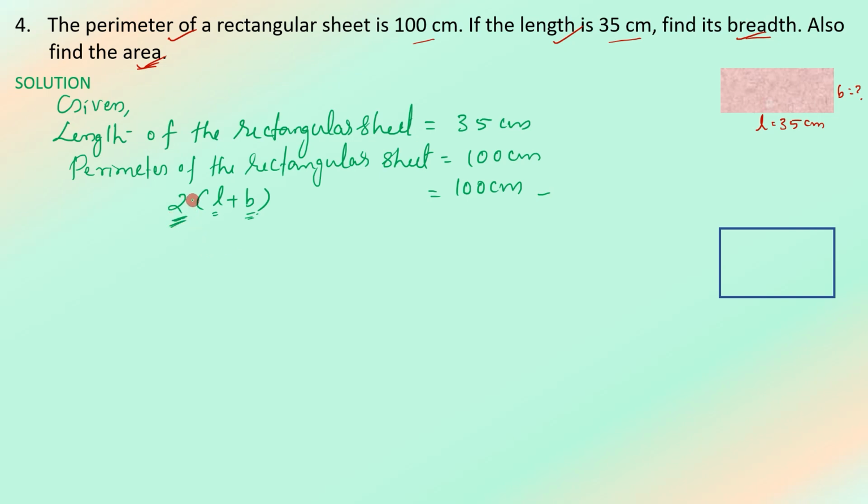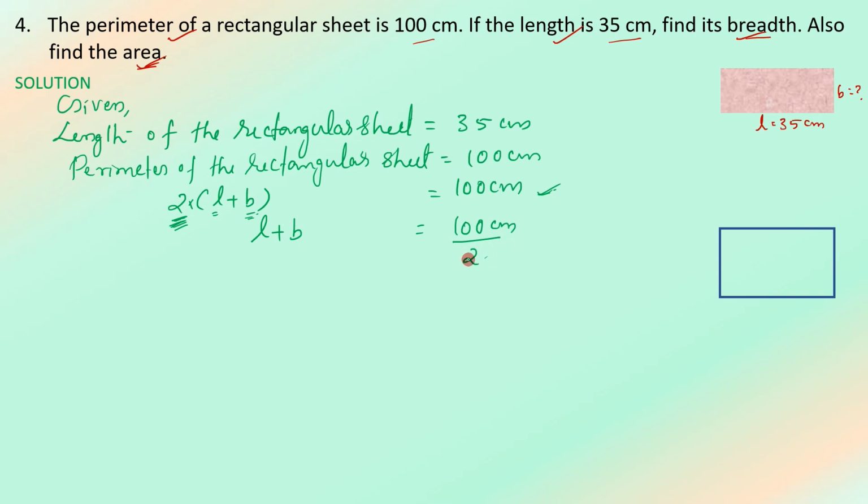Since it is a multiplication, when we take 2 to the right hand side, it becomes a division. So L plus B equals 100 cm divided by 2. That is 100 divided by 2, which is 50.